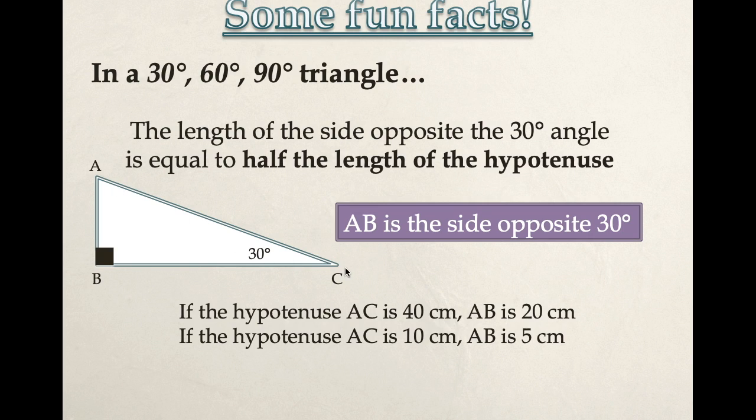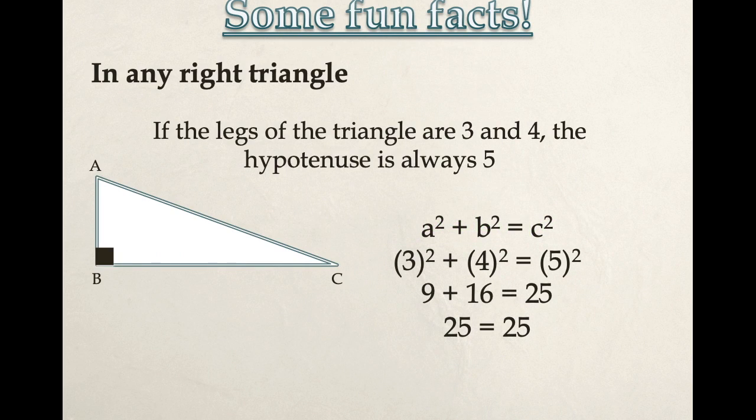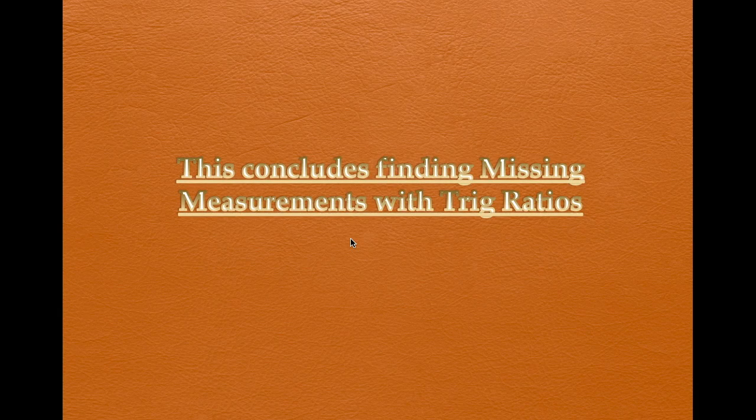If the hypotenuse is 10, then the side opposite the 30 is 5, and so on. Also, in any right triangle, if the legs of a triangle are 3 and 4, 3 here and 4 here, the hypotenuse will always be 5. And this concludes our lesson of missing measurements with trig ratios.